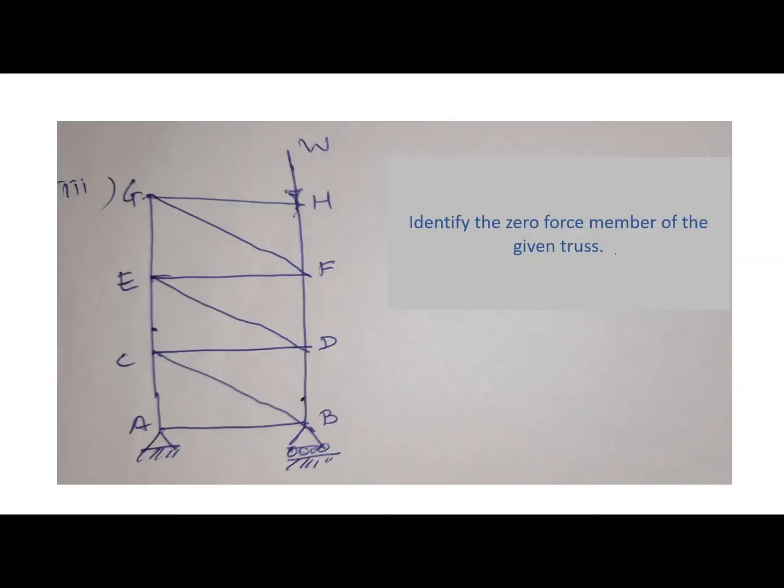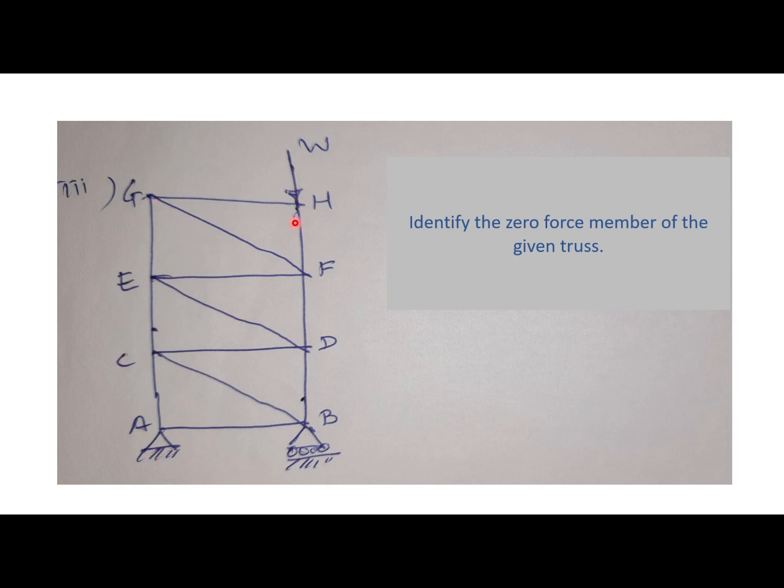Similarly, in this particular vertical truss, to identify the zero force members, here again there are a number of members and joints. By identifying the condition of forces, we can see that this force is acting vertically, so obviously it will act on all these members, whereas on this side there is no force carried by any member at any joint.